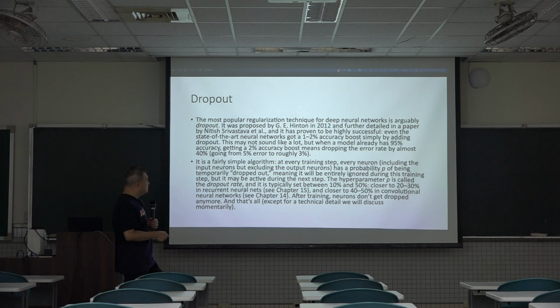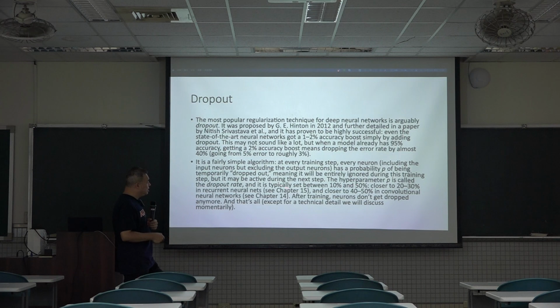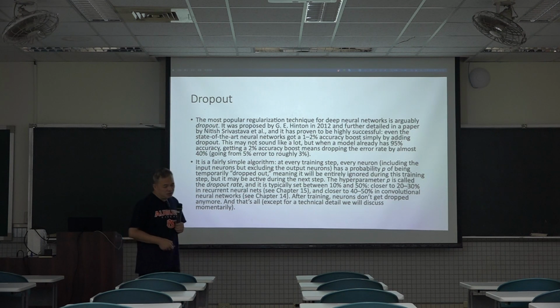Usually, it's typically between 10% to 50%. If it's recurrent neural networks, it's around 20 to 30%. If it's a CNN, then it's between 40 to 50%. We are going to talk about CNN and RNN shortly, right after we finish this chapter.